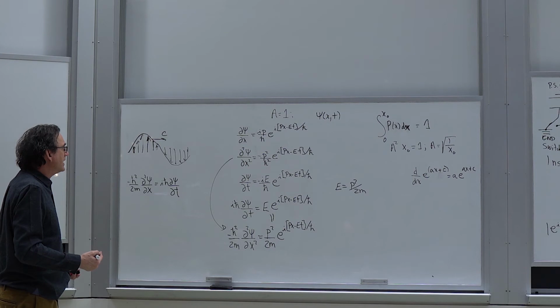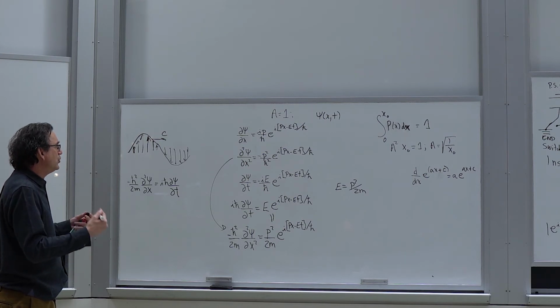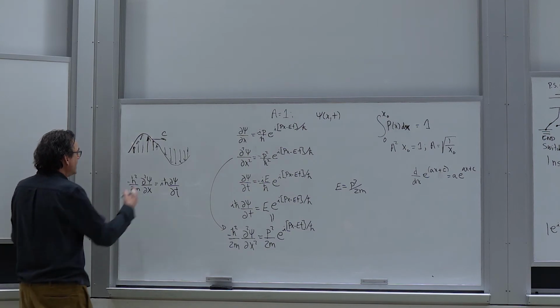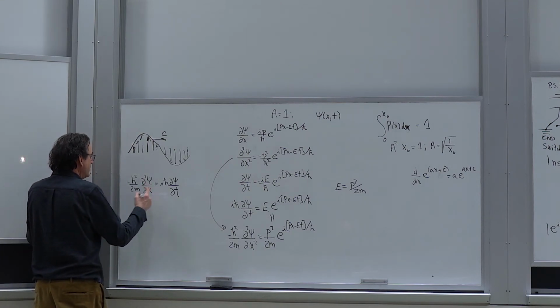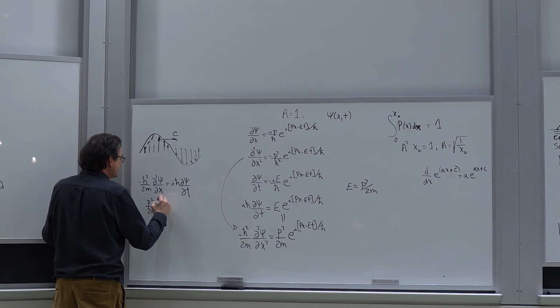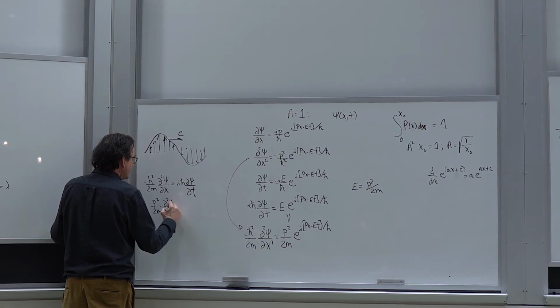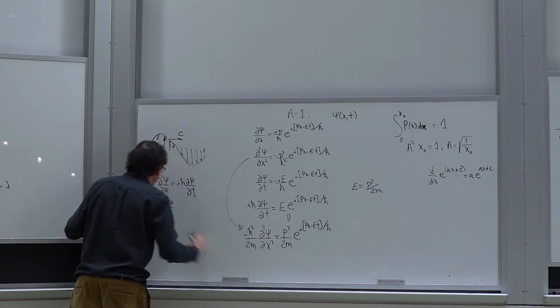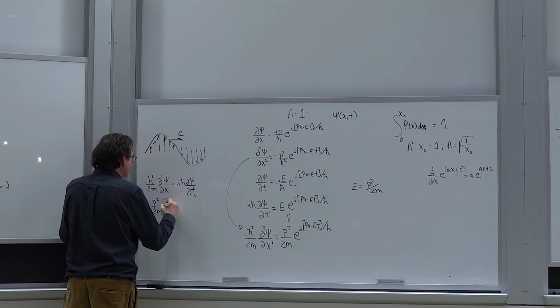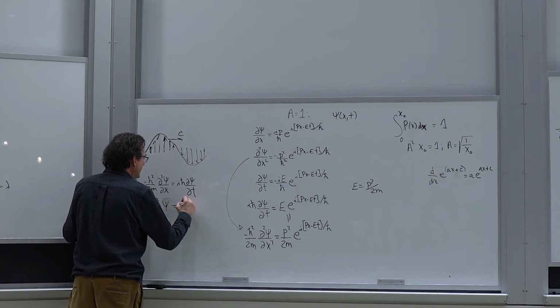However, I'm not always going to know the solution is equal to that, because this is a consequence of saying, oh, this is p squared over 2m times the second derivative of psi with respect to x. I'm sorry, I said this wrong. This is p squared over 2m times psi equals energy times psi.